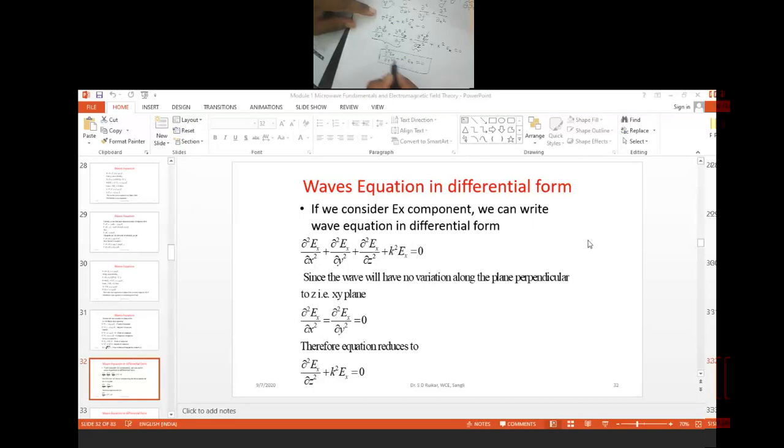We have written this equation in differential form, and we can relate it to the propagation constant and the field component, where dou by dou z is the variation in the Z direction. Its significance is how the wave is propagates, what its attenuation is, what its propagation constant is, and what its period is along Z.